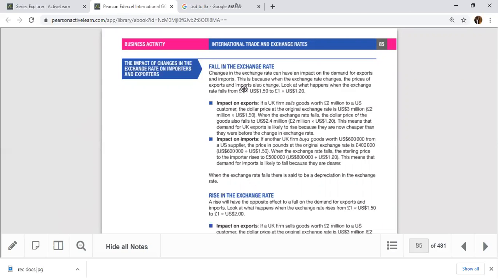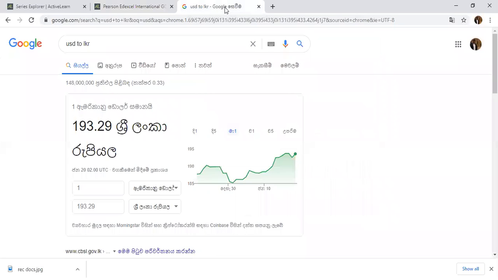So there are some impacts for importers as well as exporters. Look at this situation now. One month ago, on December 20th, the rate was 187. Today, January 20th, it is 193.